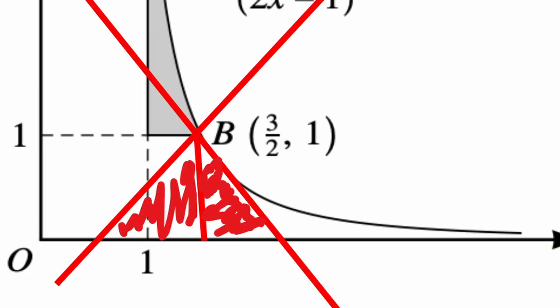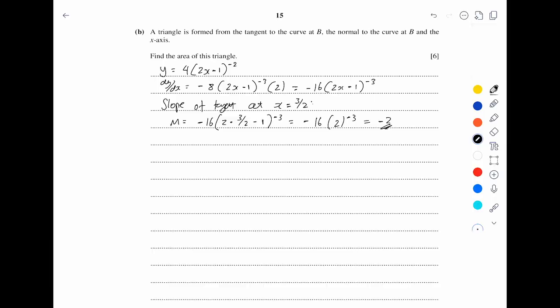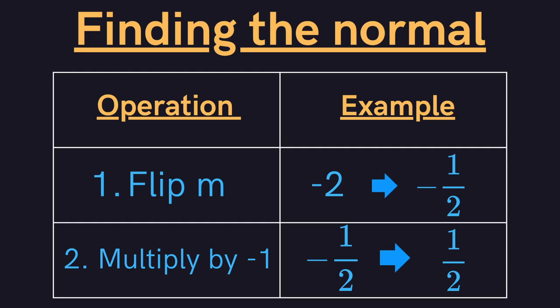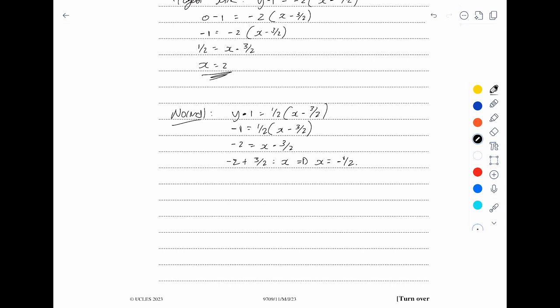Now we have a line going in the opposite direction called the normal, which we can say is a half because the normal is always equivalent to the gradient of the tangent flipped and multiplied by negative 1. As a result, plugging this in now gives x is equal to negative a half. So therefore negative a half, 0 is our second point.